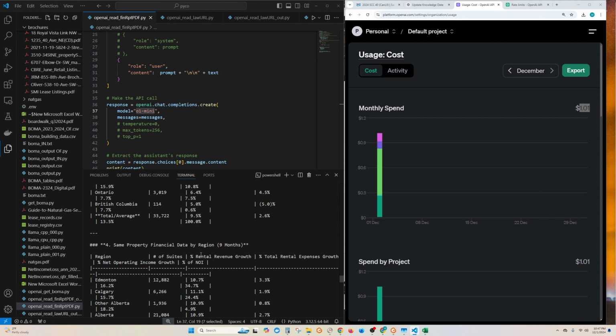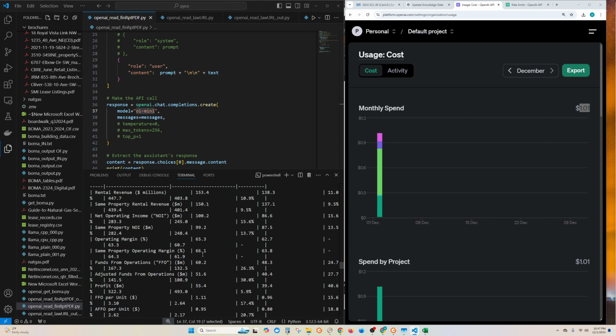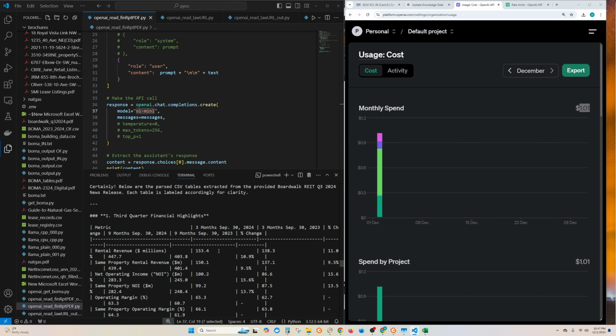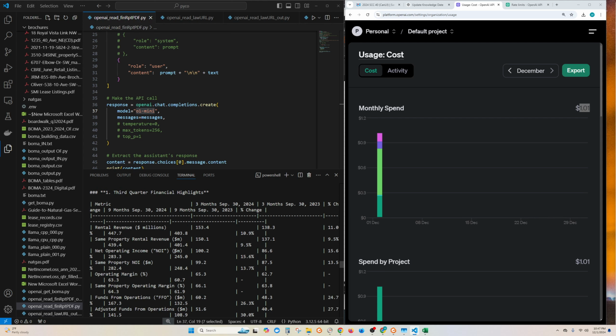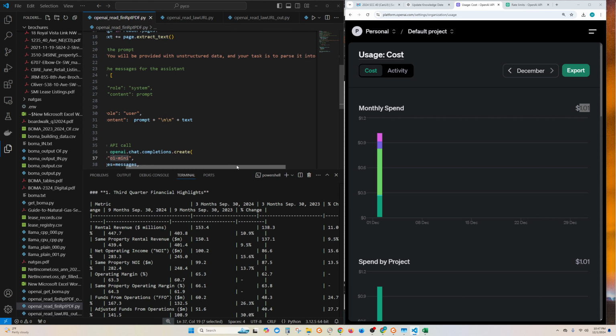Okay, so now this one is interesting because it broke protocol. It broke the instructions, folks. Instead of producing CSV, let's see, what did I ask specifically? Parse it into CSV format. Okay, so I didn't ask for CSV tables.